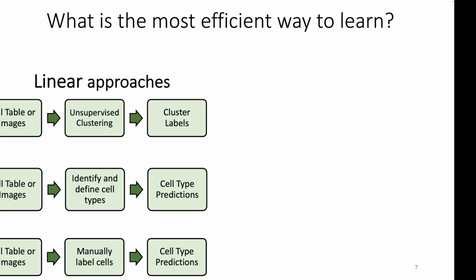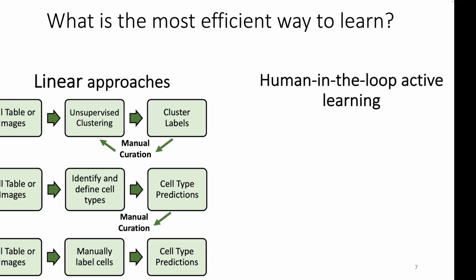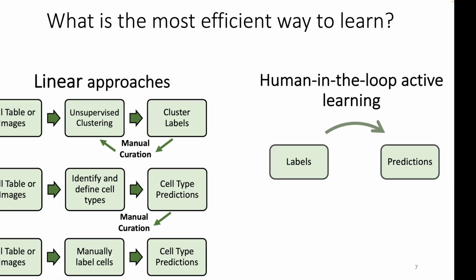But in all of these cases, we found that we needed to do a lot of manual curation on those labels, which takes us months and months of work. And in order to really minimize the amount of manual intervention, we turned to this human-in-the-loop framework, also known as active learning, and found that we could use this efficiently for cell classification.